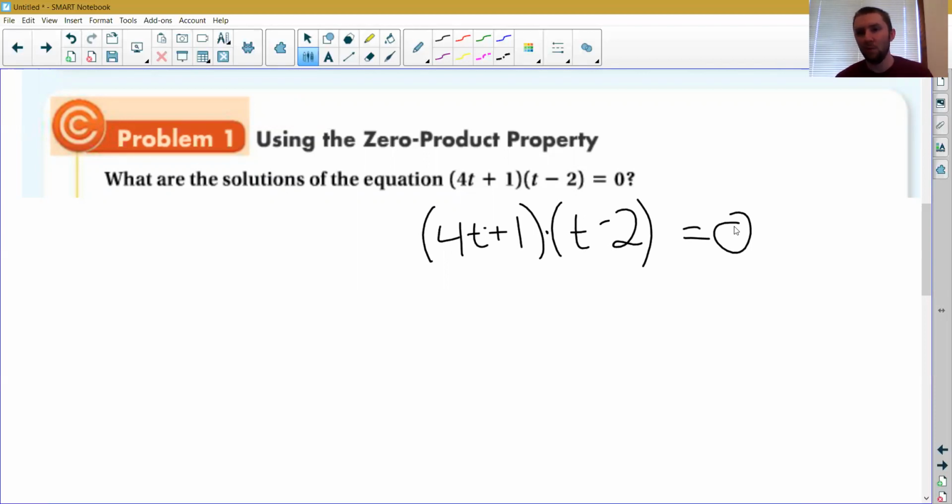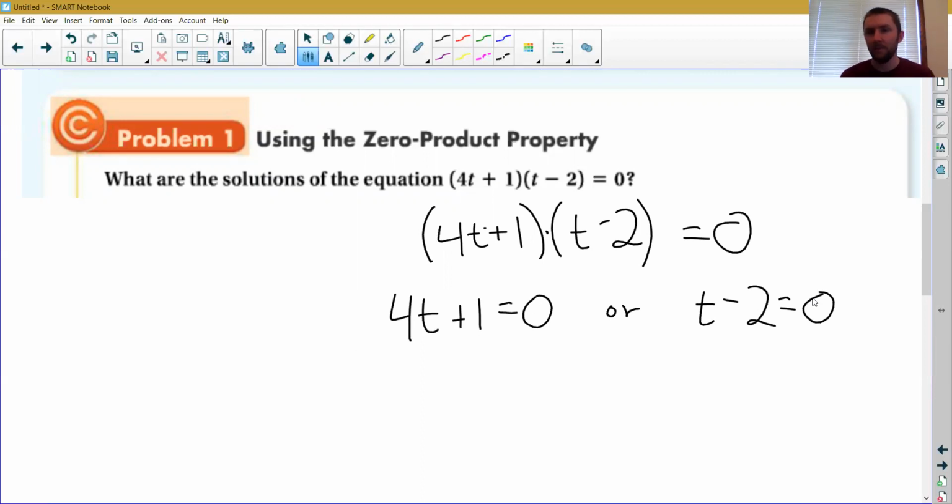Because this is true, I have two options: 4t plus 1 is equal to 0, or t minus 2 is equal to 0. I use the zero product property, which says if these two things multiplied together equal 0, one of them has to be 0, to set up two different equations that I can then solve just like I used to do at the beginning of this class.